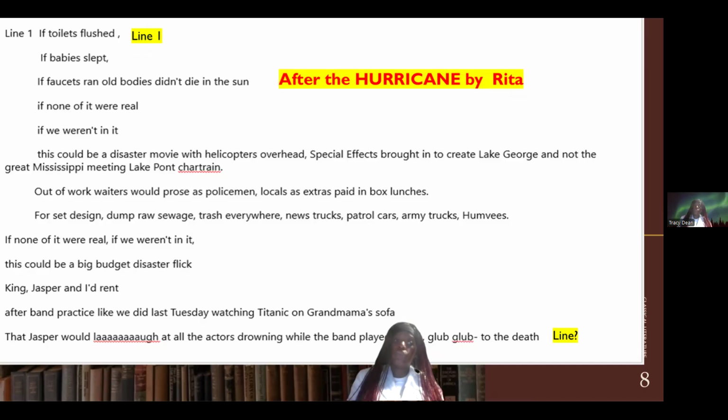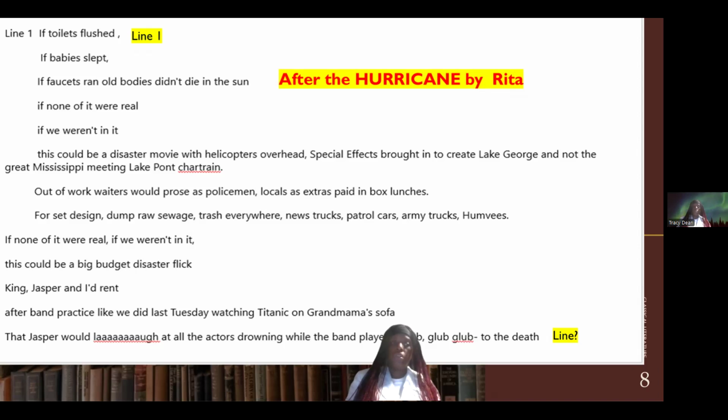So a stanza is a group of lines. They make up the poem. We know all line breaks. We should be able to identify all line breaks. That's easy.